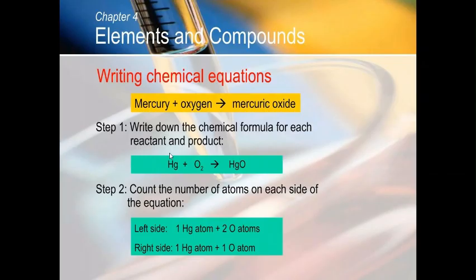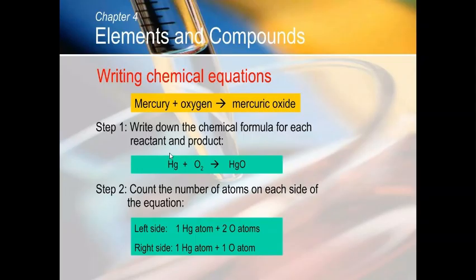On the left side, we have one Hg atom plus two O atoms. On the right side, we have one Hg atom plus one O atom.